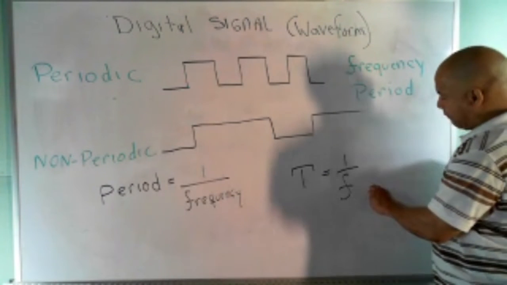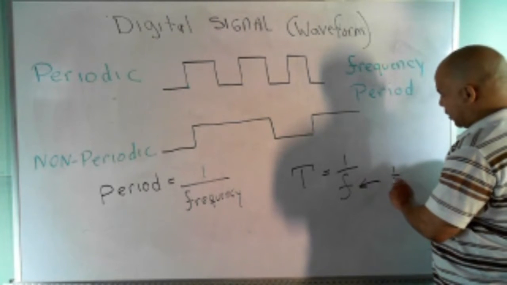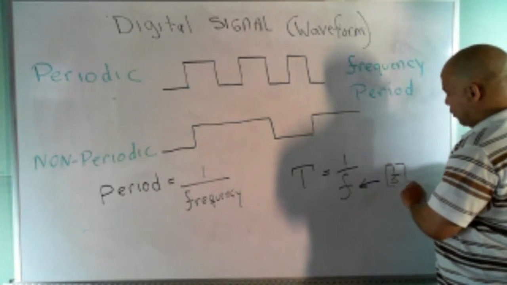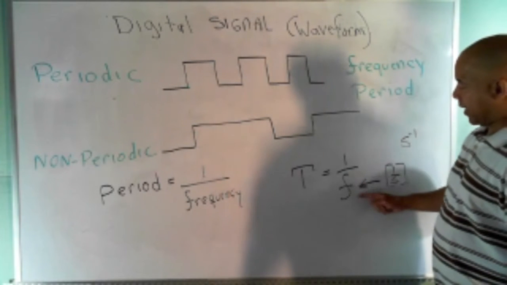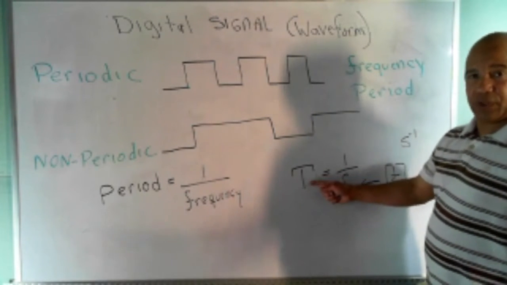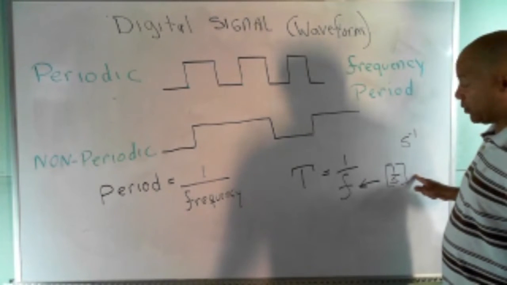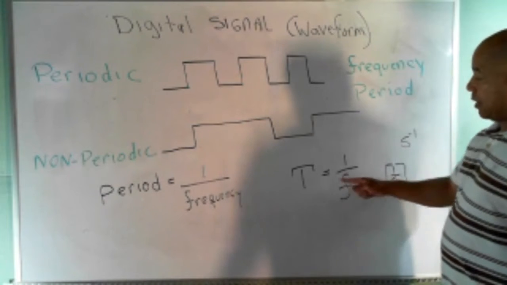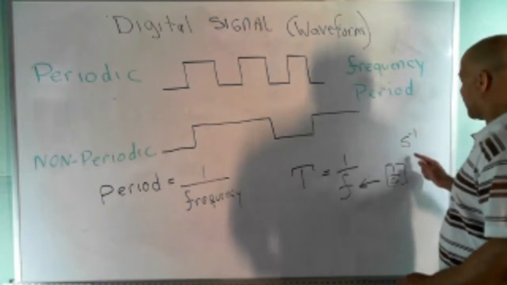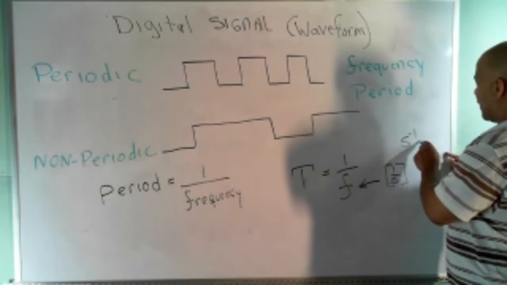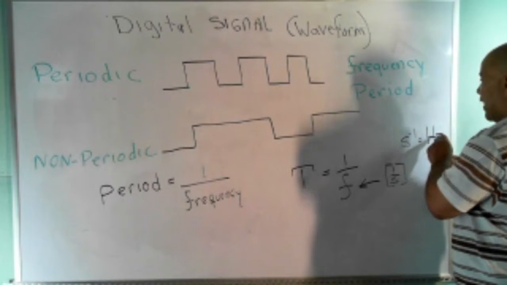The unit for frequency is 1 over seconds, an inverse second. If I have 1 over 1/s, I get seconds for the period, which is what it should be. The unit for period is seconds. But for frequency, the inverse second, we represent that as a unit called a hertz, capital H-z.